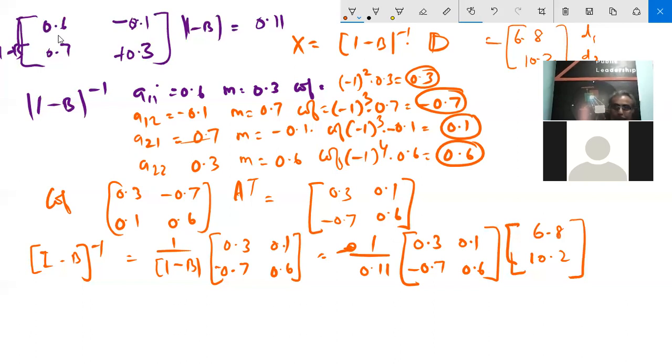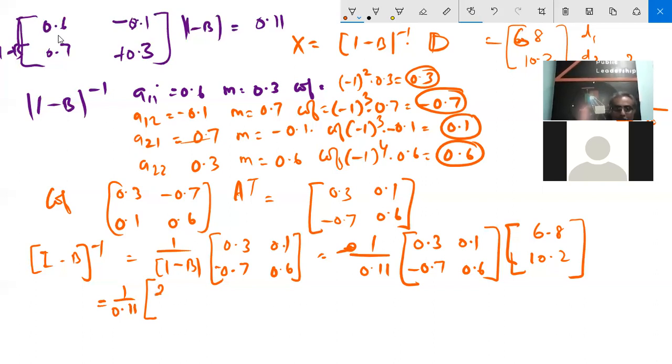Now, 68, not 6.8. How much is given? 68 tons, yeah. Okay. Now that is equal to 1 by 0.11 into, 0.3 into 68 is how much? 0.3 into 68 is 20.4.